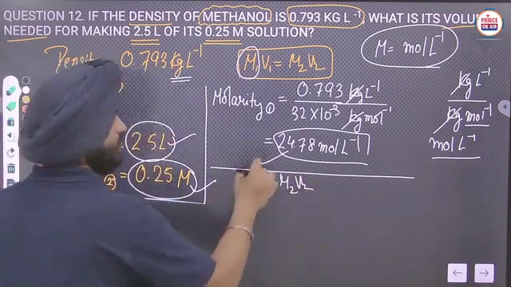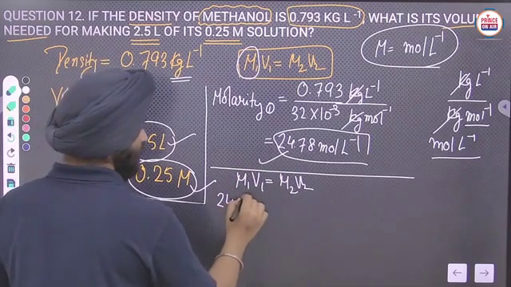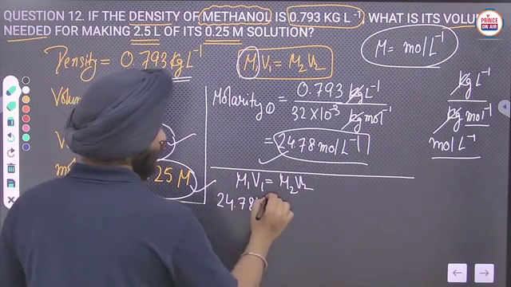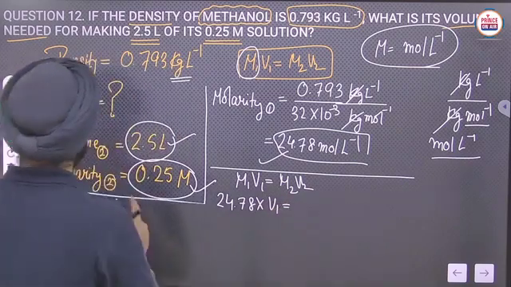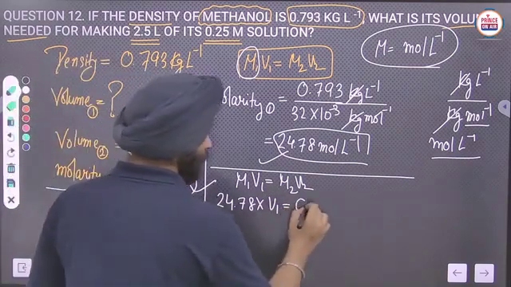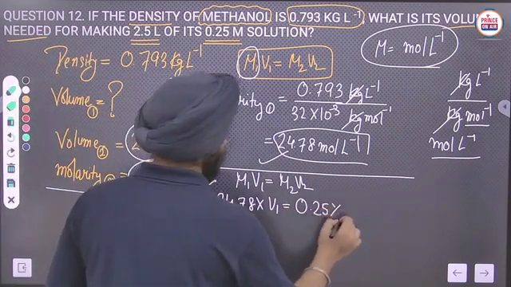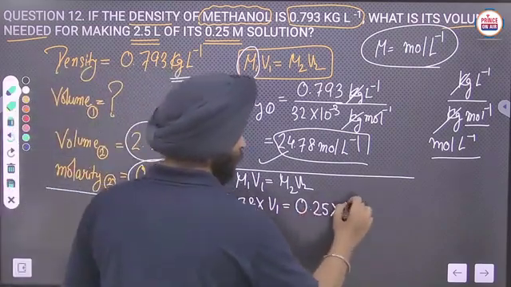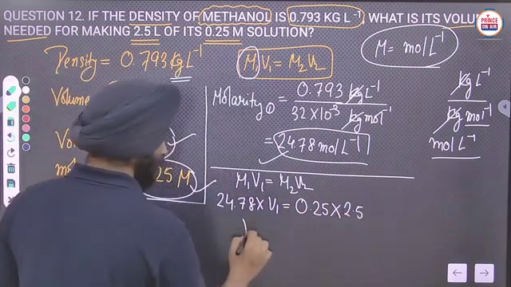M1 is 24.78, into V1, equals M2, which is 0.25, times V2, which is 2.5.